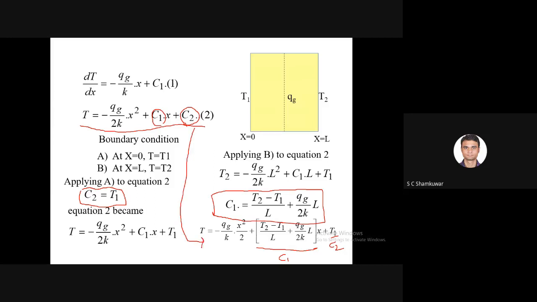This is the T, putting in the values of C1 and C2.